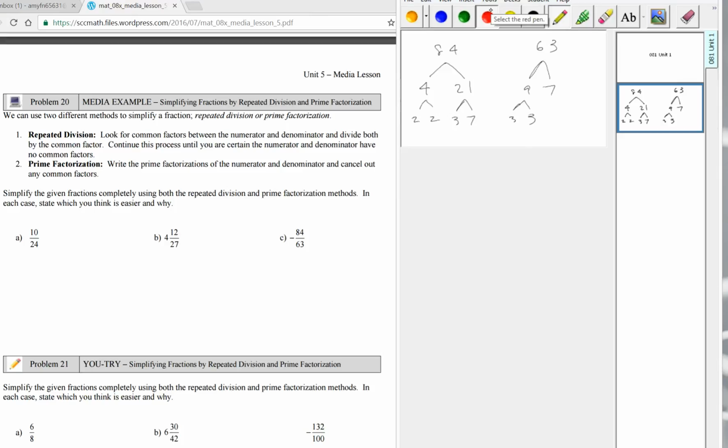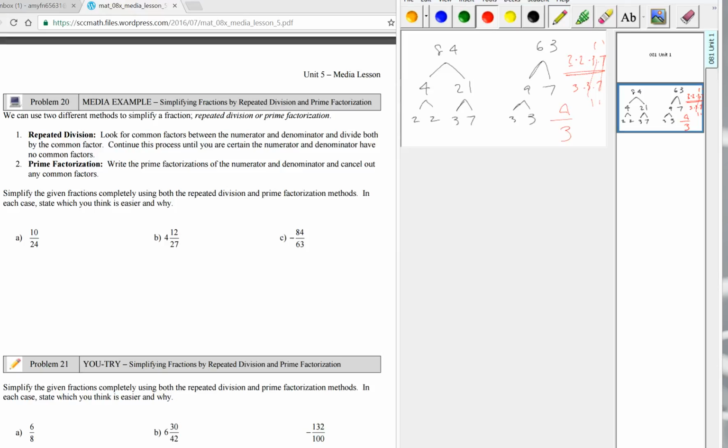Okay. So we'd have 2 times 2 times 3 times 7. Sorry, I'm running out of room. Over 3 times 3 times 7. Okay. And then you can show them the factors that cancel and say cancel to 1, or else they think it cancels to 0. And we're left with 4/3.